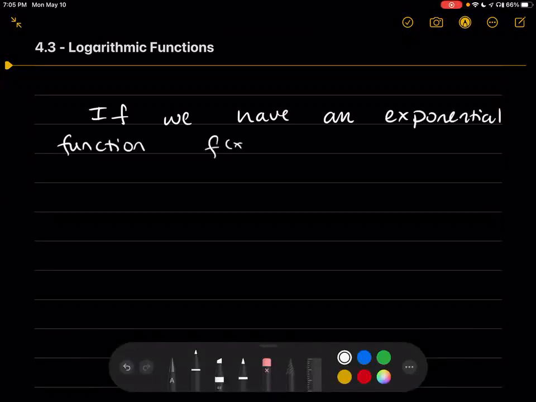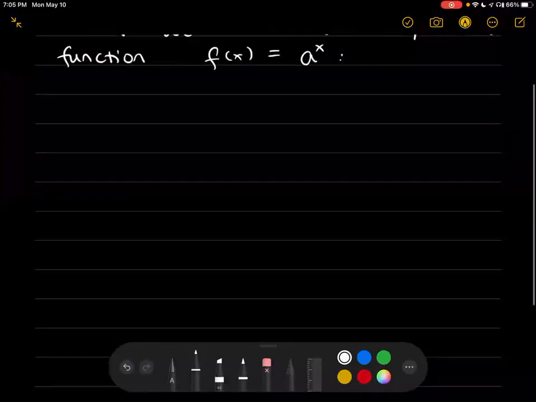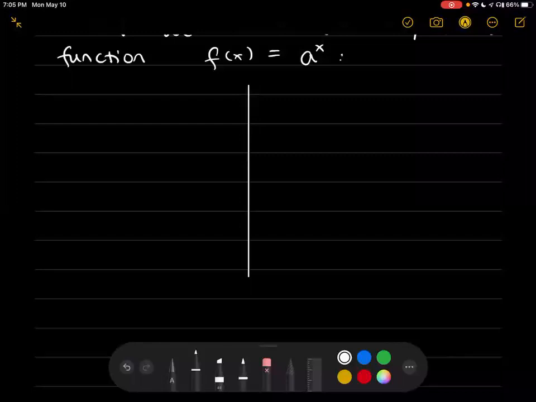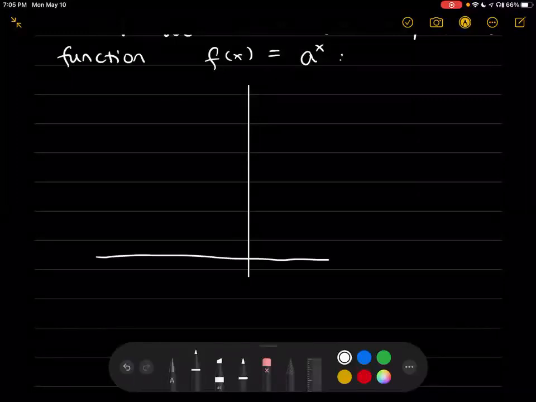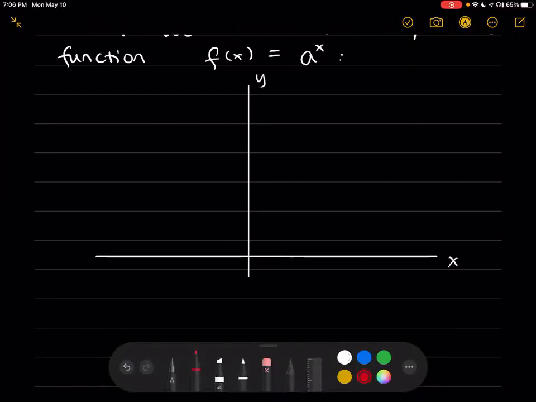Let's just say it's some generic exponential function, just a to the x, and let's look at what its graph looks like real quick. We already kind of know what exponential function graphs look like. We kind of do this, right?